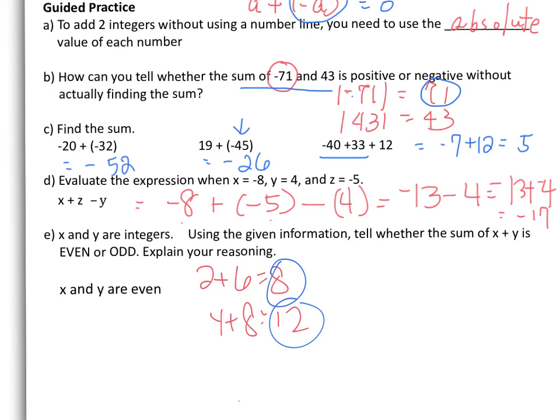So the sum of two even numbers gives you an even number.